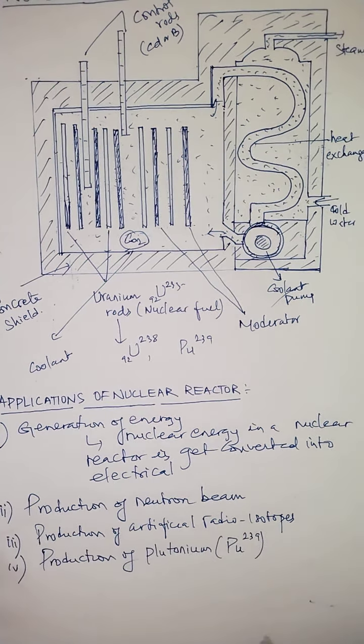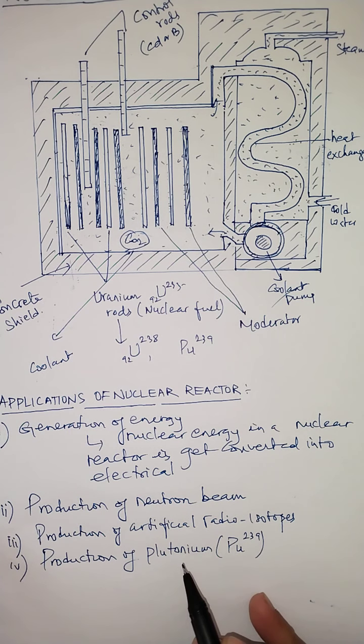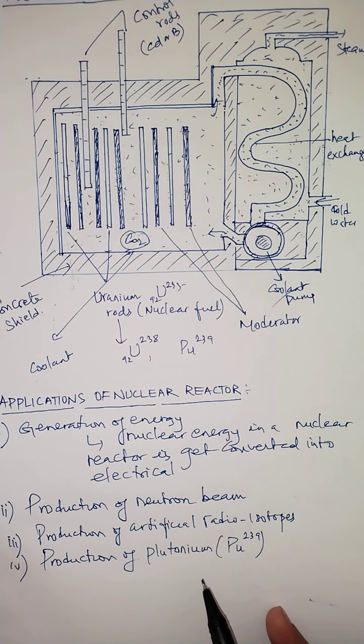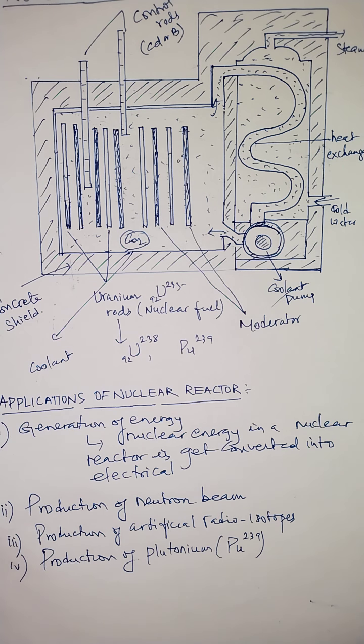Now we have the last use or application of the nuclear reactor. This nuclear reactor is also used for the production of another fissionable material, that is plutonium, Pu-239. Pu-239 is a better fissionable material than uranium, and it is more economical to use as compared to what? Uranium-235.